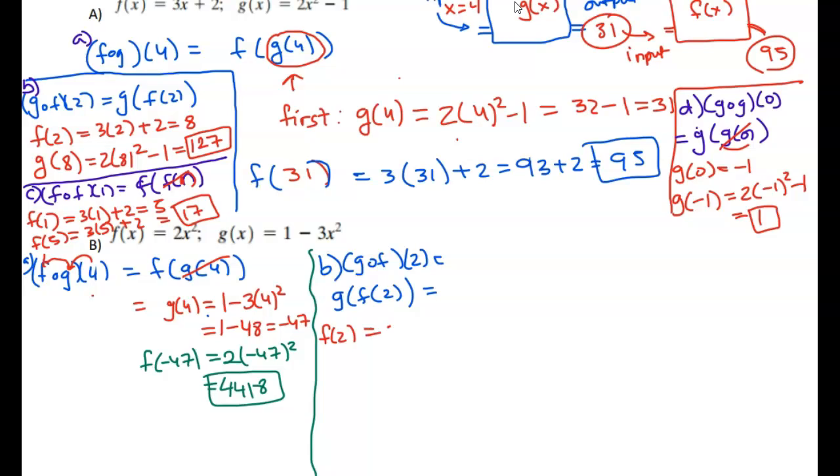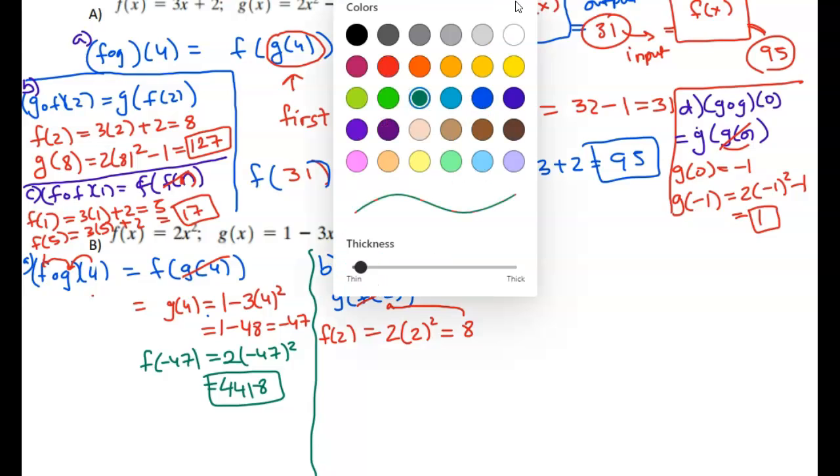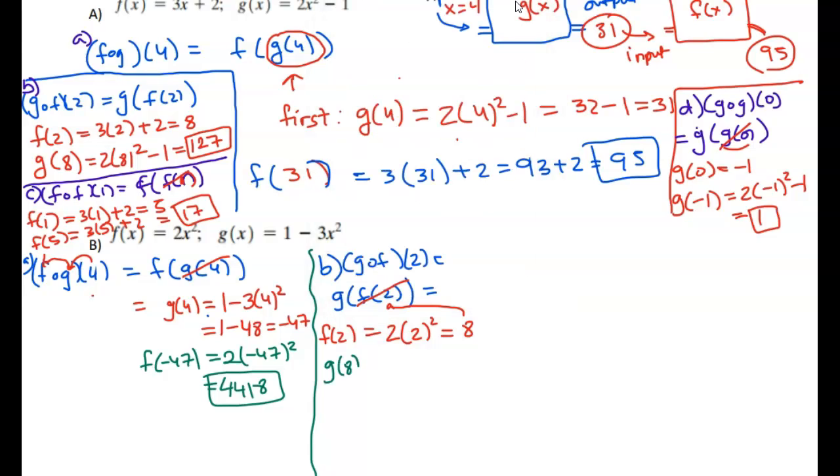So plug 2 into the f equation. 2 times 2 squared. 2 times 4 is 8. And then replace the 8 into here. So g of 8 is going to be 1 minus 3 times 8 squared. 1 minus 3 times 64. 192. So this is negative 191.